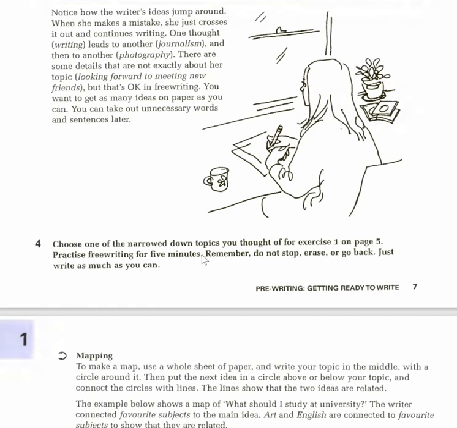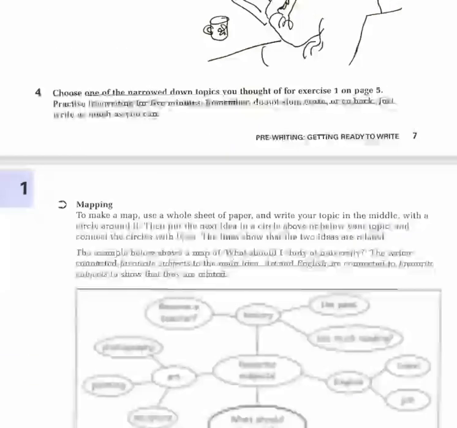Just write the ideas. Just write as much as you can. It's very important that you write your ideas without stopping, erasing, or going back. Just write whatever comes to your head.